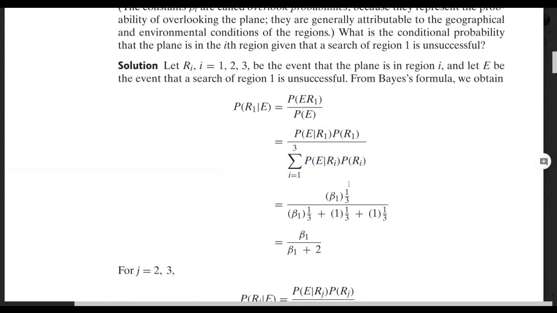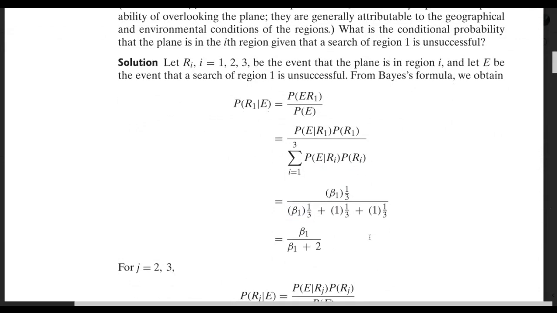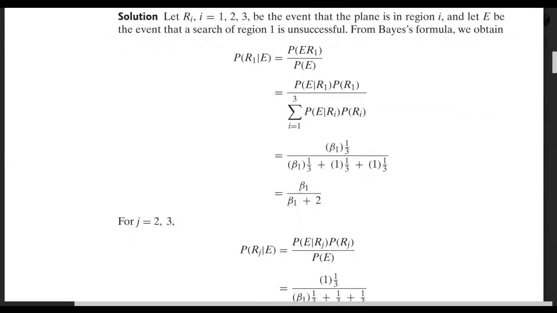So that's 100%. Same thing for 3. Found in region 3 and will not be in region 1. Only the first one is different, right? In region 1 and not found in region 1. So do the calculation, and in the end you'll get beta 1 divided by beta 1 plus 2.